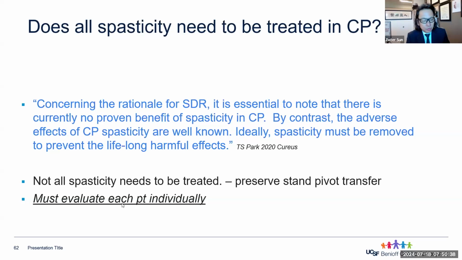For that patient, we wanted to preserve stand pivot transfer. You can argue how important that is for him over the rest of his lifetime versus continual orthopedic contractures and deformities. But I think if we did it, it certainly would have disappointed the family in terms of what their expectation was.